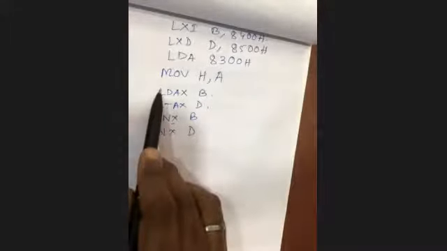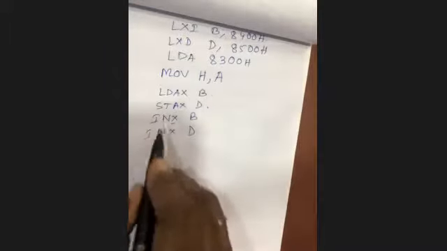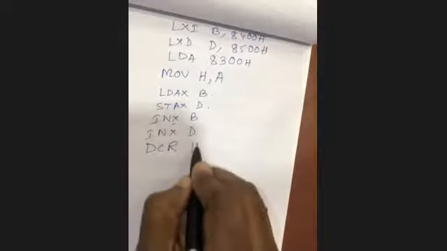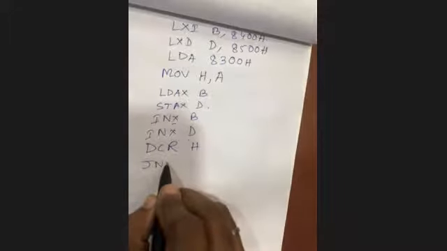If I repeat this portion again, which data will be copied? From 8400 to 8500, and then from 8401 to 8501. So one procedure is done. That's why DCR H, decrement H, and jump if not 0.